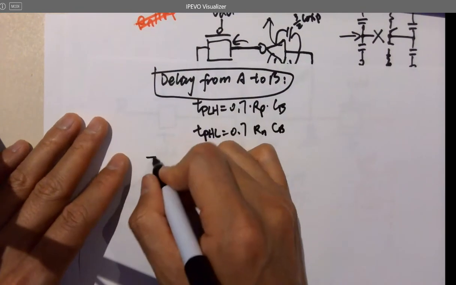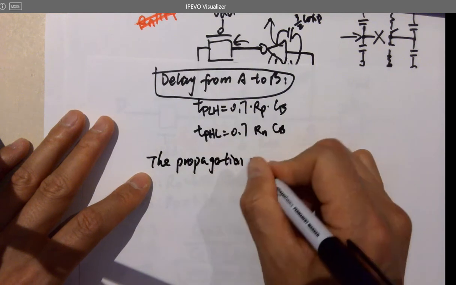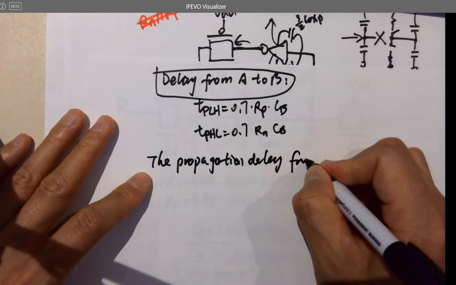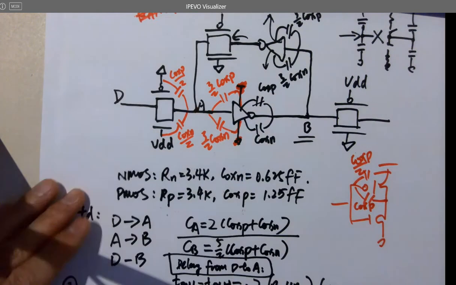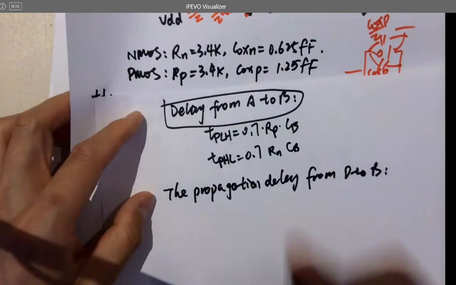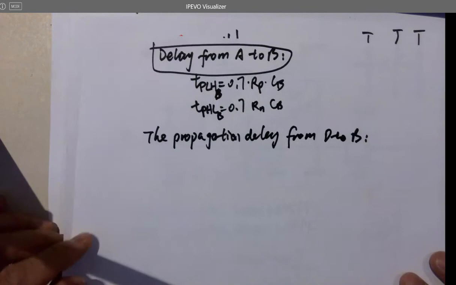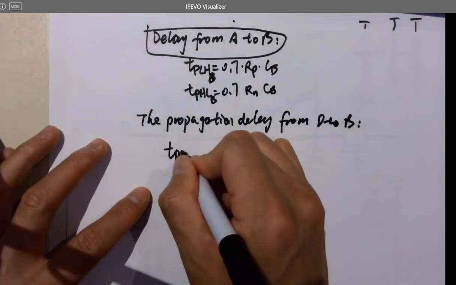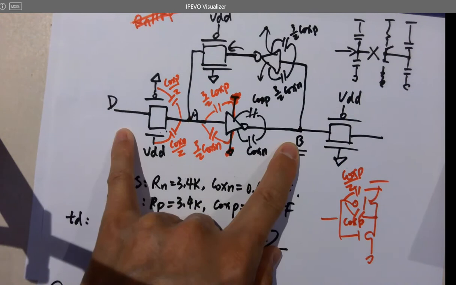So what about the delay? Final question, the propagation delay from D to B. So I have to label it as TPHLA, TPLHA, and this is B. So TPLH equals A plus B. So I'm thinking now it's inverted, right?